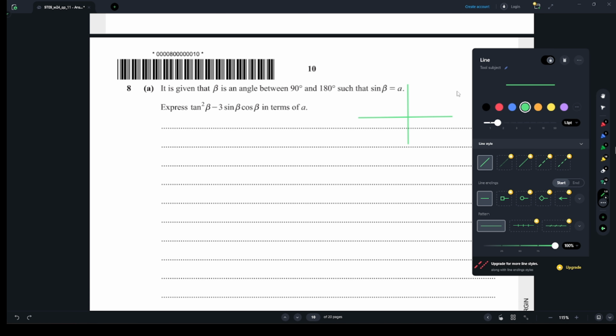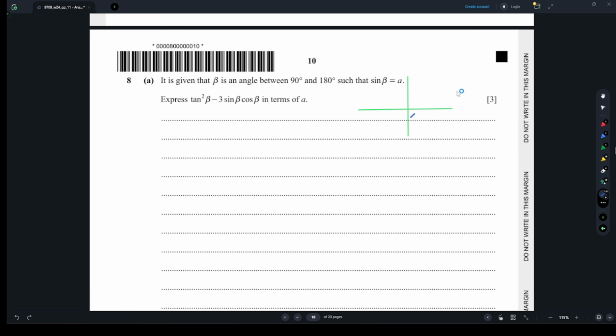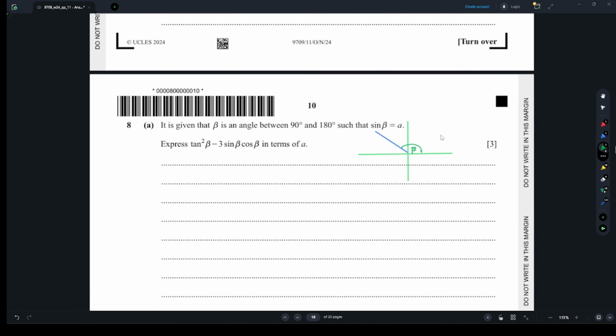It should be like this. So this angle should be beta, and then this angle is pi minus beta.